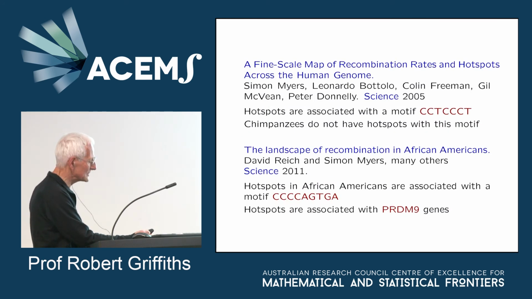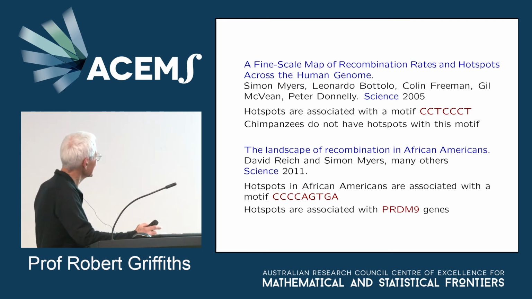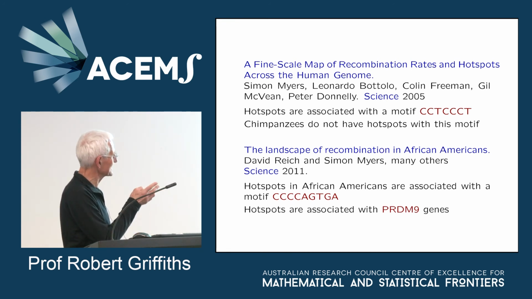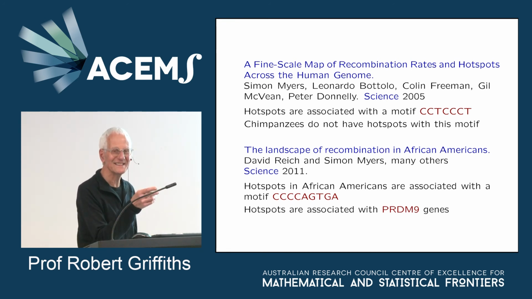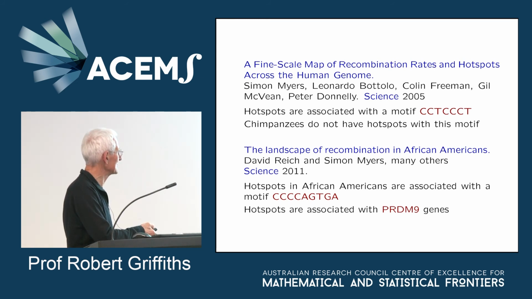What the science was that he did, which is really interesting, is they found these hotspots, and then Simon Myers in particular searched for what the bases were around these hotspots and found that it was this motif here, which was associated with hotspots. And chimpanzees don't have the same hotspots, don't have the same motif for hotspots.